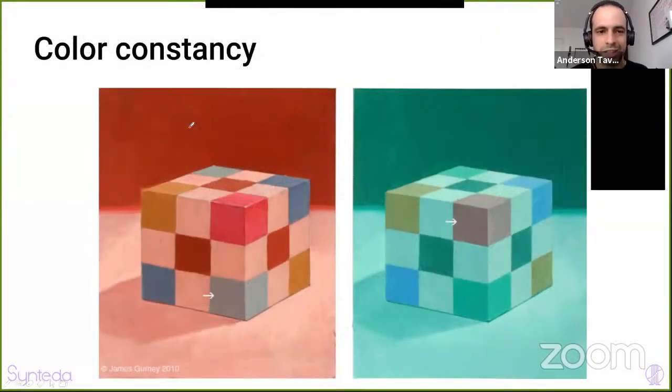Here we have an interesting experiment. We have the same cube, the same object, but illuminated in red and green. Can you realize that the green square at the bottom is the same as the red square at the top? Do you believe it?